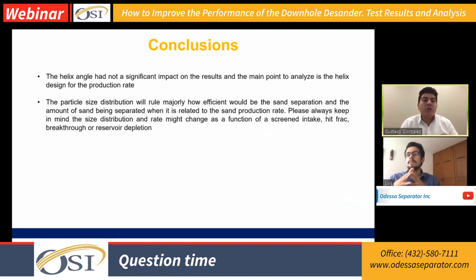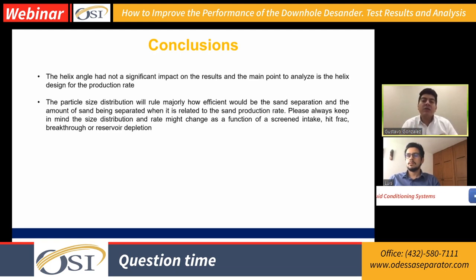Another conclusion we can get is that the angle of the helix did not have a significant impact on the results, and the main point to analyze is the helix design for the production rate. Several operators have asked in the past, what if I modify the inclination of the vane, instead of 45 moving to 38 or 37?